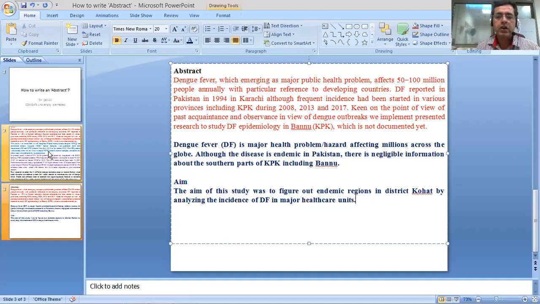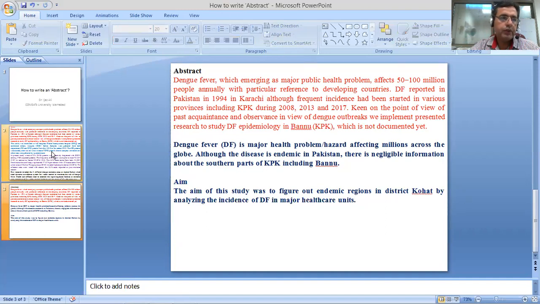So you try to find out where the problem actually was more prevalent during the past year. So you are determining endemicity of this particular condition by analyzing hospital-based data.